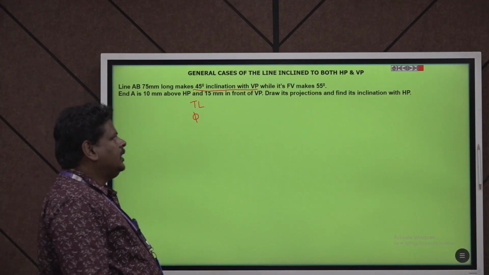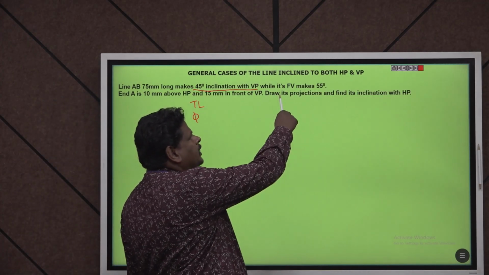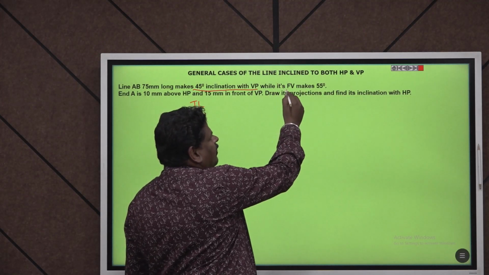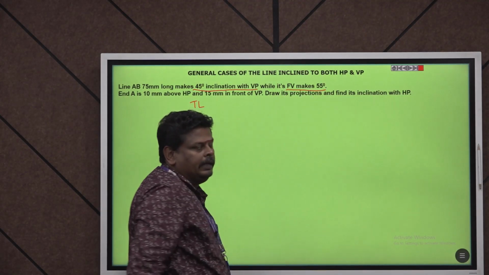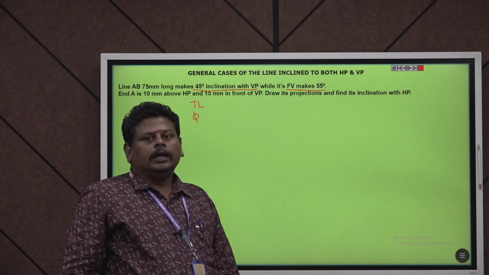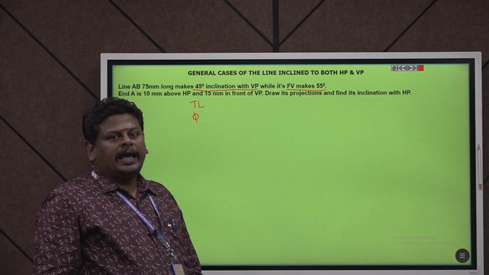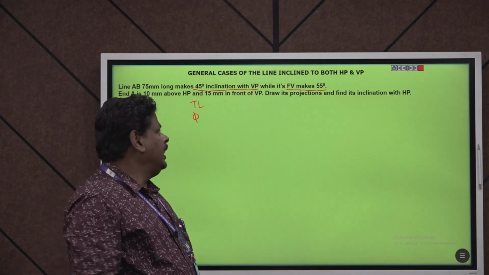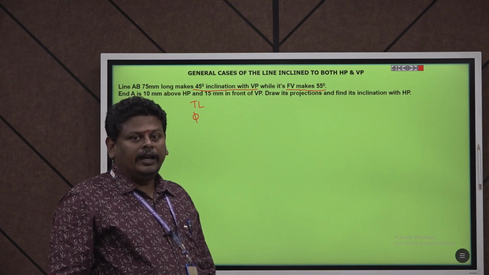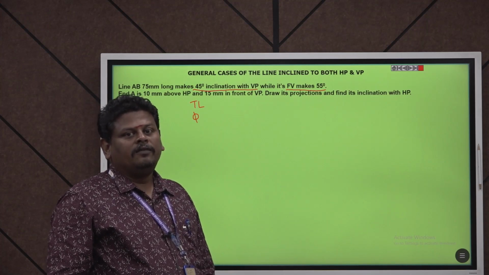The other point in the question paper is that the front view makes 55 degrees. Here the actual line is not making an angle of 55 degrees. The front view of the line is making 55 degrees.